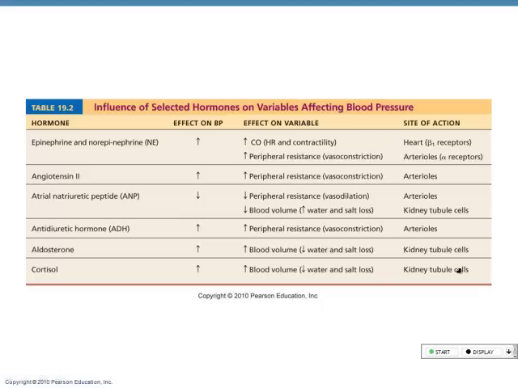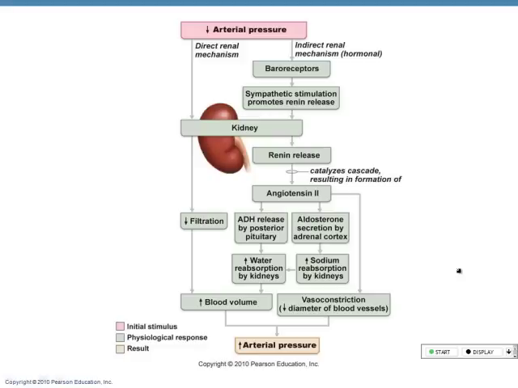So we have chemoreceptors, we have baroreceptors. They are going to help us maintain pressure in the system. So we have different hormones, again from that list above, that are going to help affect water in the system, that are going to in turn affect pressure in the system.